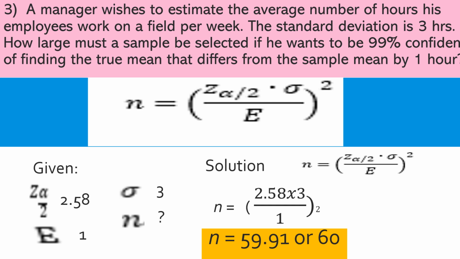Then multiply by itself, no? Meron siya quantity square. So the result is 59.91 or 60 is the sample size. Okay?